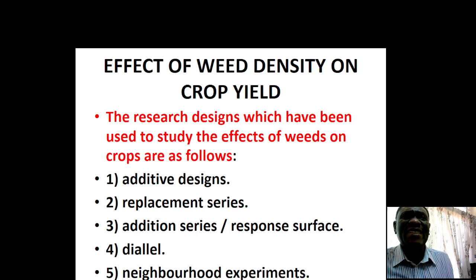Then we have the addition series or response surface experiments. That one tends to combine number 1 and 2 into one design. Sometimes it becomes a bit complicated, but it is efficient in giving us information on densities which matter, and also on competitive abilities of both weeds and crops.